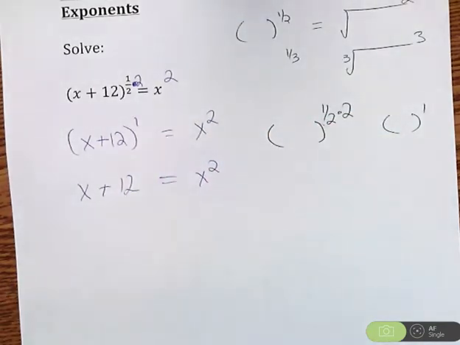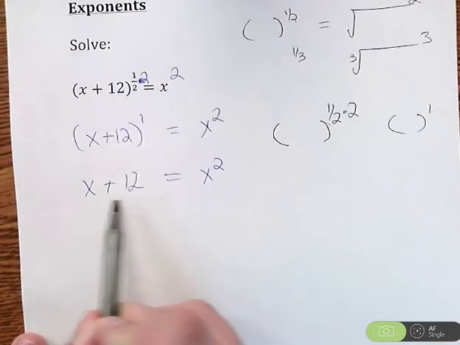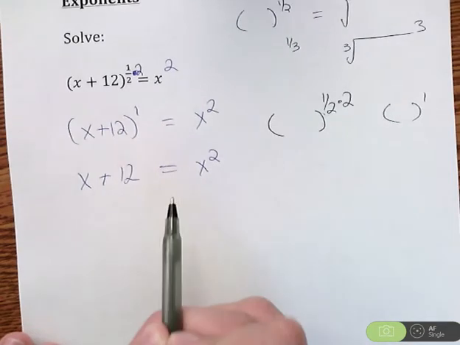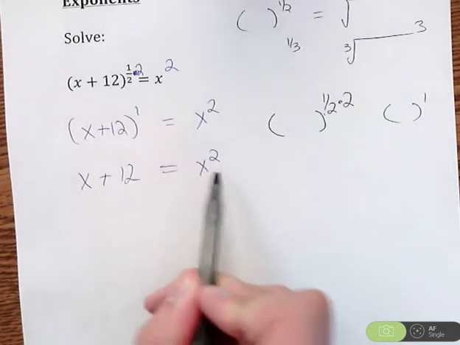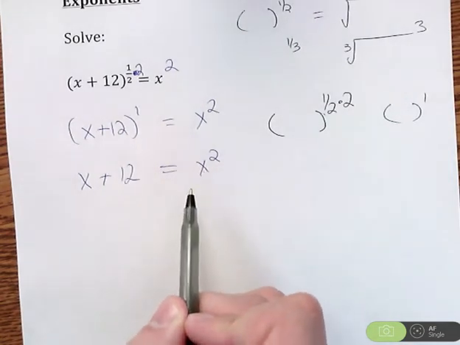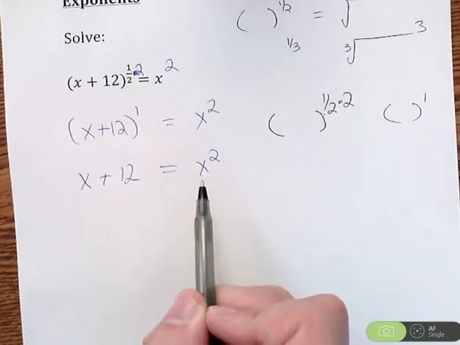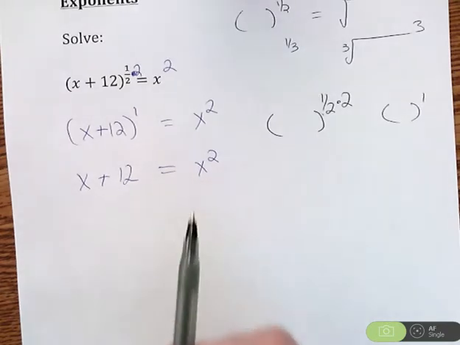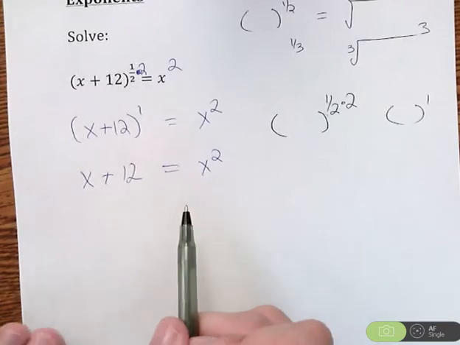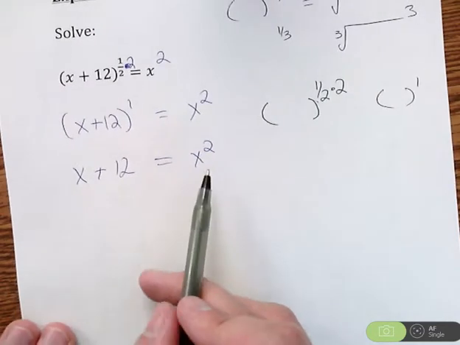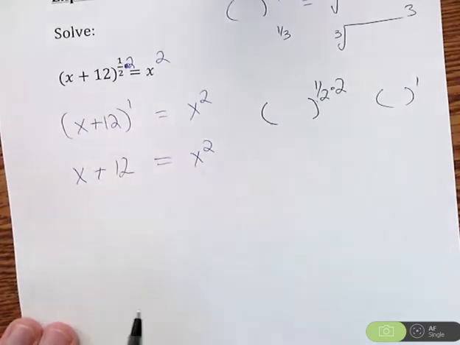Very similar to my second video on solving radical equations, this is a quadratic problem. The reason I know this is that I have an x squared. There are many ways of solving this: square roots, factoring, completing the square, the quadratic formula. One thing we always like to do is get this equal to 0.